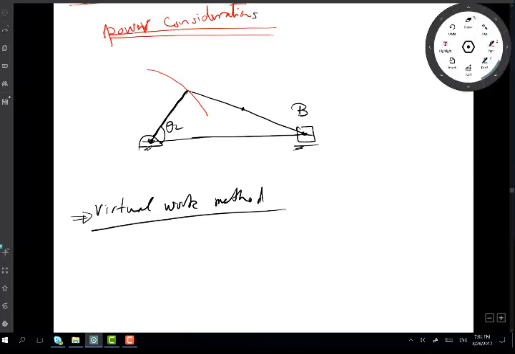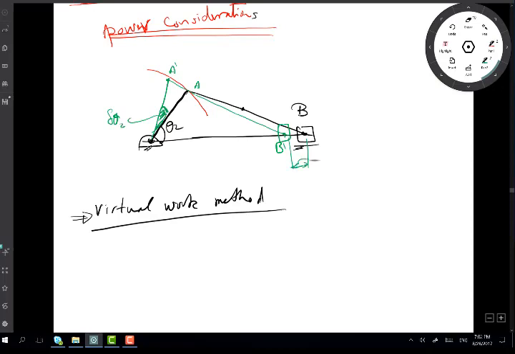Let's say the crank rotates a little angle, delta theta 2. Point A is going to move to this new position, A dash, and then point B would move to another position, B dash, and there is a distance between them.